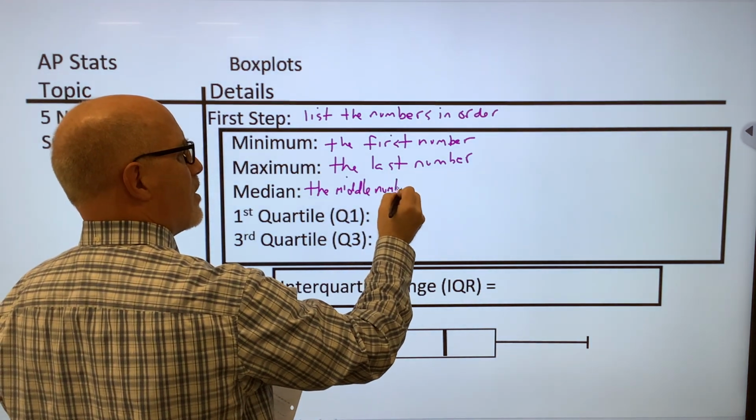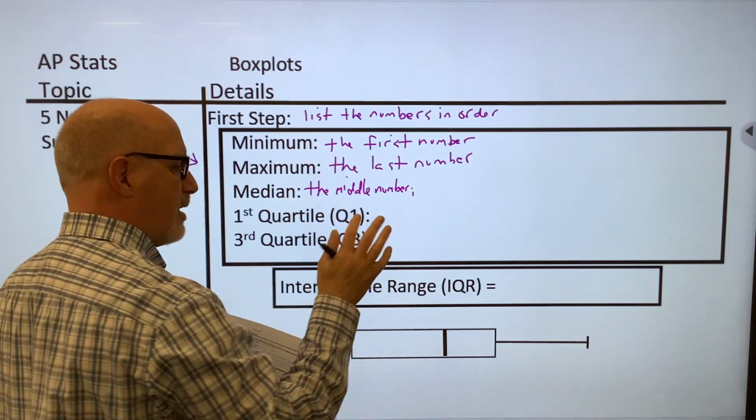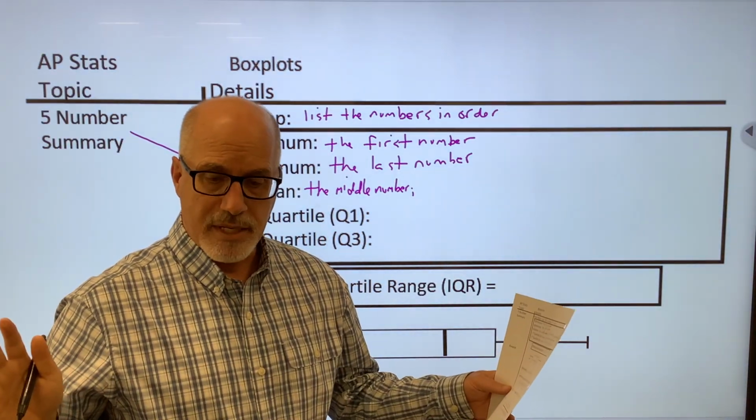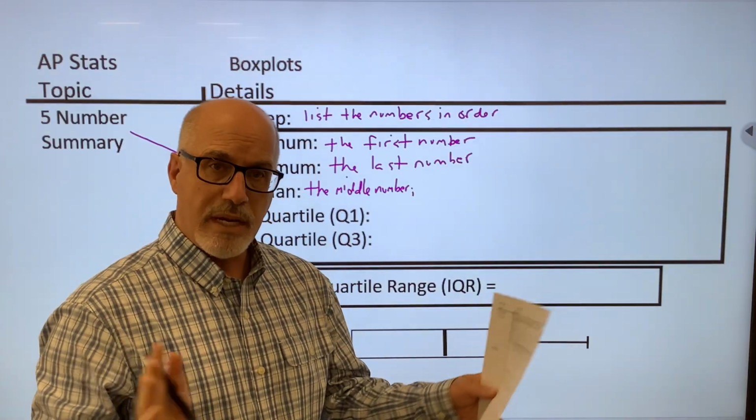Now this is important because in order to calculate the median, we first look at that middle number if it's an odd number, because then you have an easy way to find that middle number.